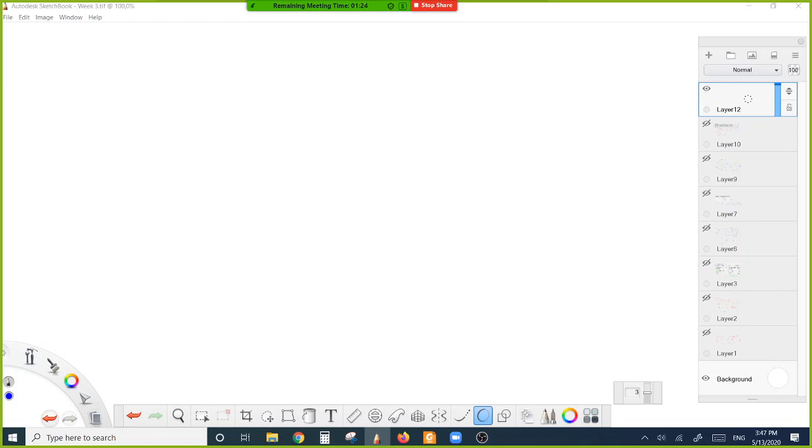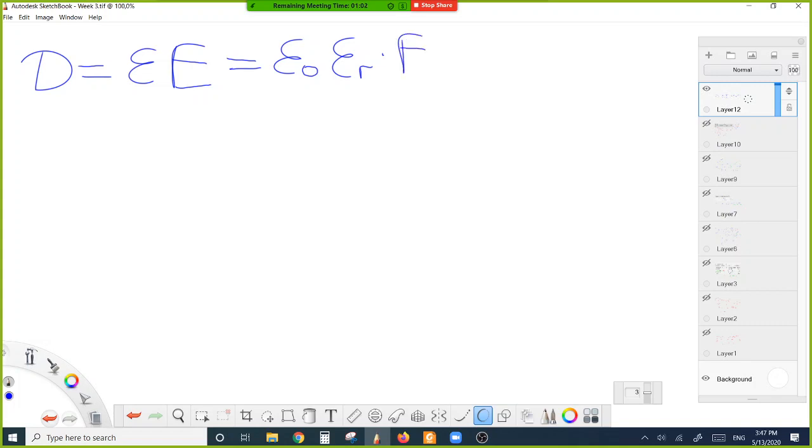From the definition, D equals epsilon multiplied by electric field intensity, where epsilon is equal to epsilon 0 by epsilon r, and electric field intensity E equals E0 sine omega t.